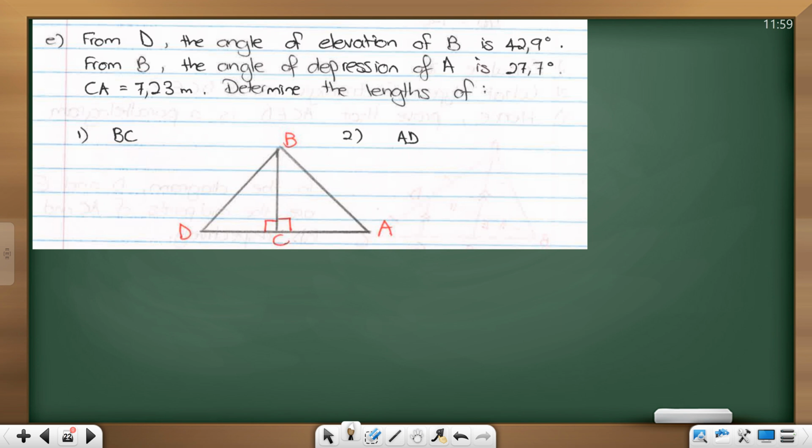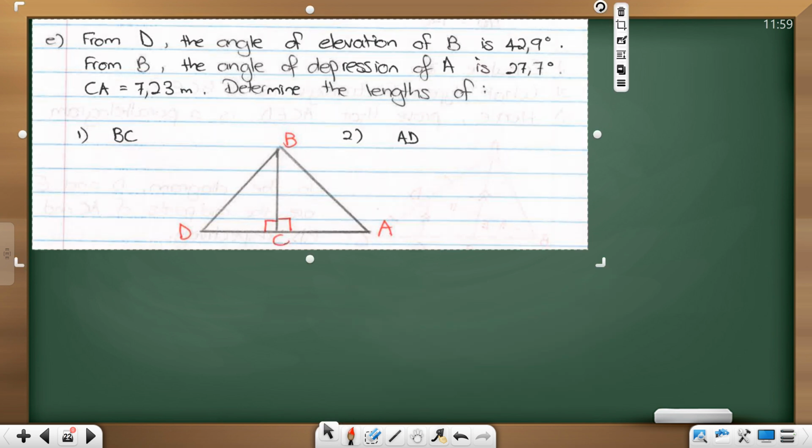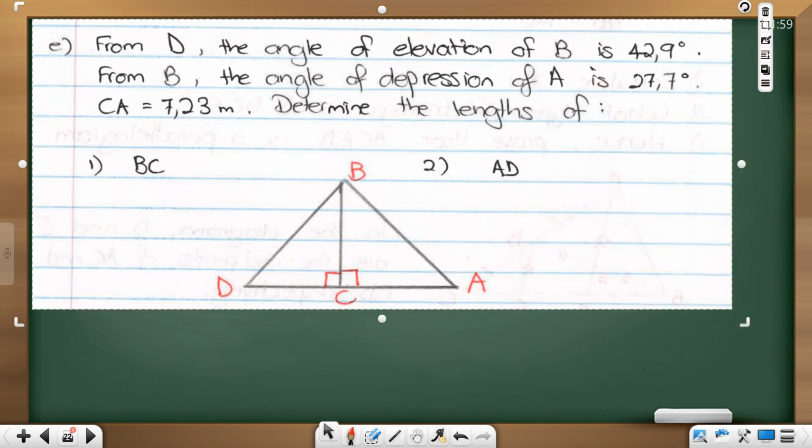All right. It says from D. From D, it means this angle here. Let's make this a bit bigger. The angle here is 42,9, right? Because it's elevating, we're looking up. And from B, the angle of depression.